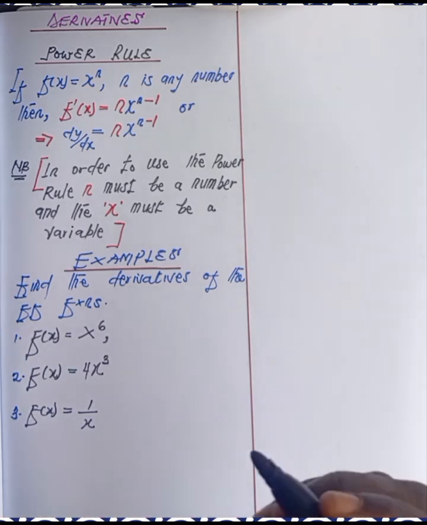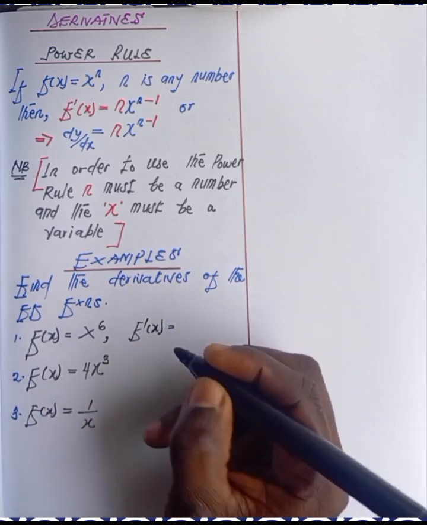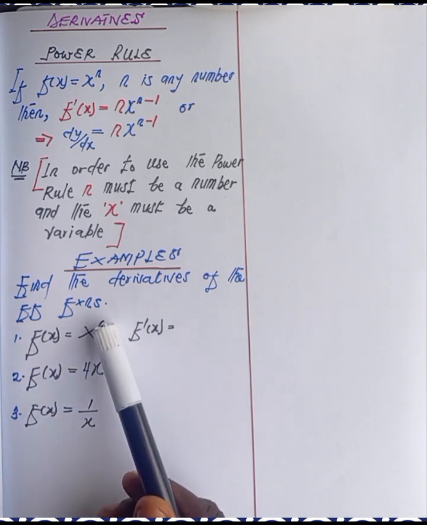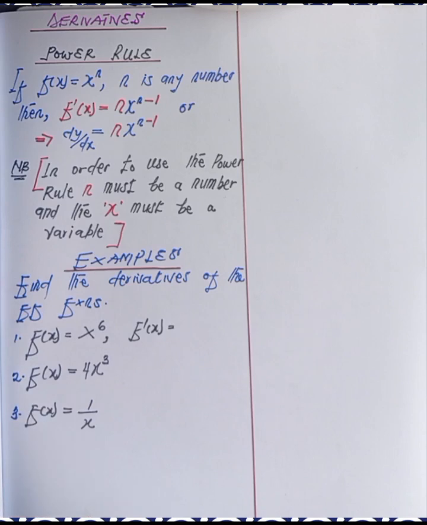We know that the derivative is given as f prime of x, and what we are going to do is bring the original exponent, which is 6, in front of the function x, and then subtract 1 from the exponent.